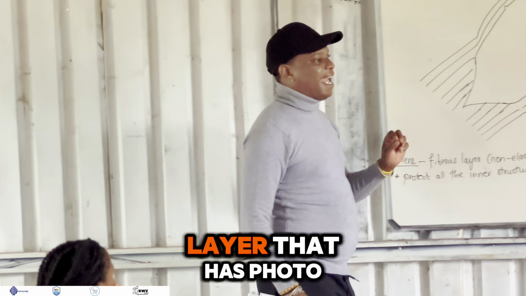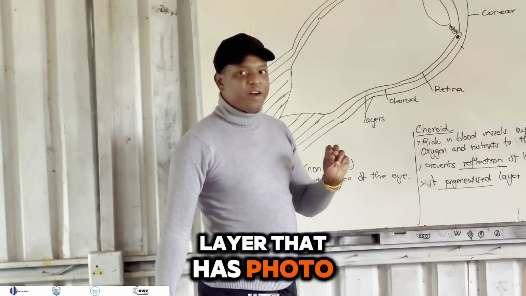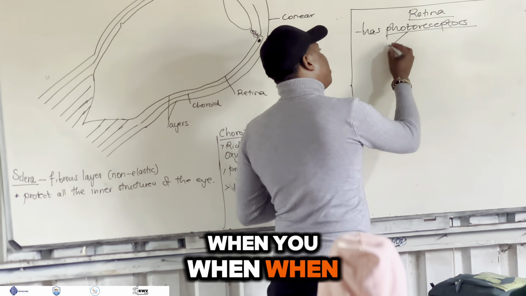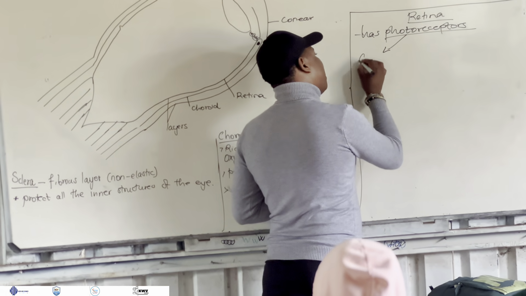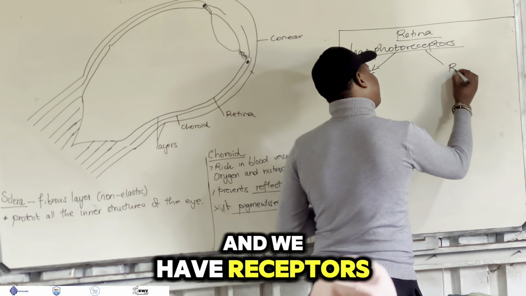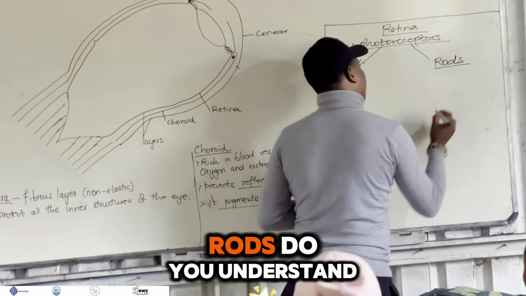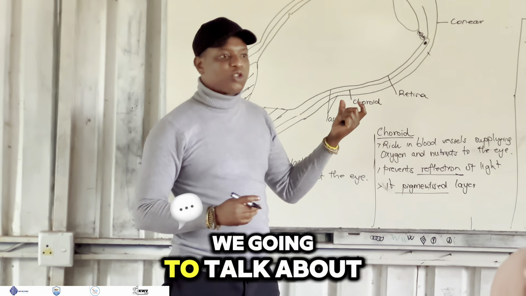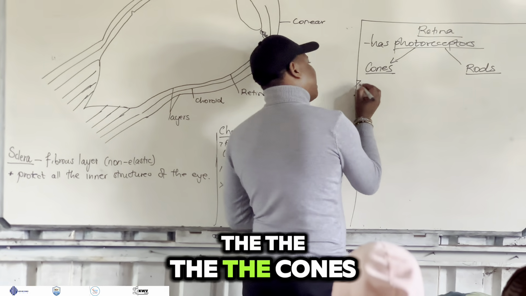So that's the only layer that has photoreceptors. Are you with me? Number two, we have receptors that are referred to as cones, and receptors that are referred to as rods. These are the two photoreceptors that we're going to talk about.